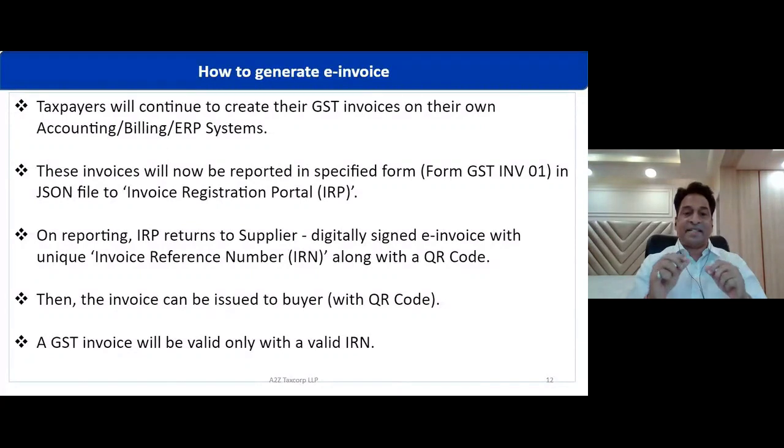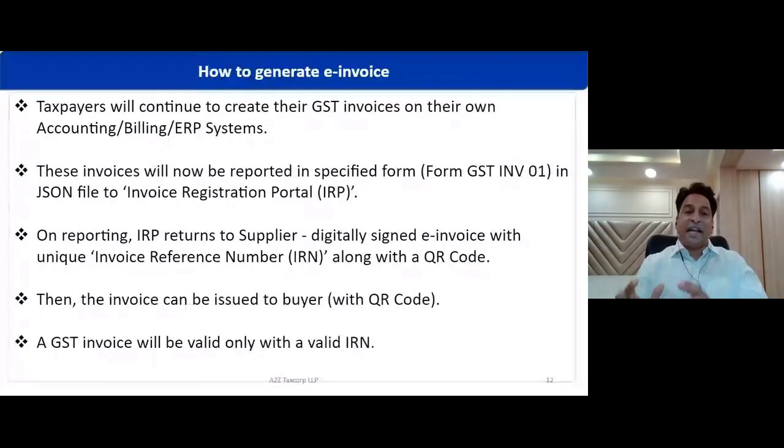And this is www.einvoice1.gst.gov.in. On reporting, after uploading, the IRP is going to validate the data as per the E-Schema. Secondly, it is going to create the IRN, the invoice reference number, a unique number, and digitally sign this invoice with a QR code.